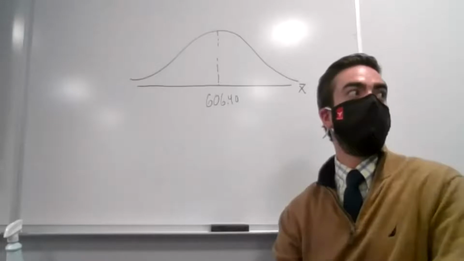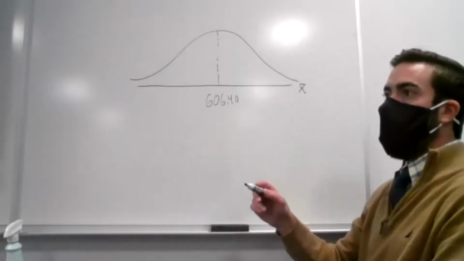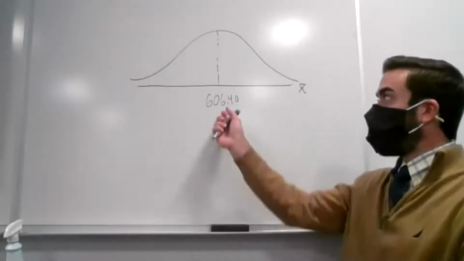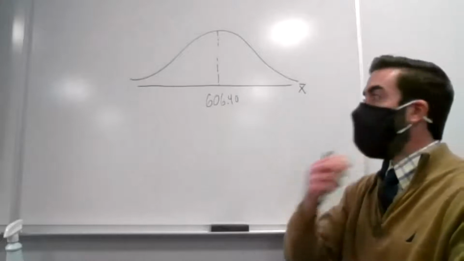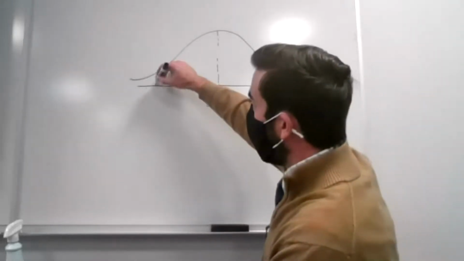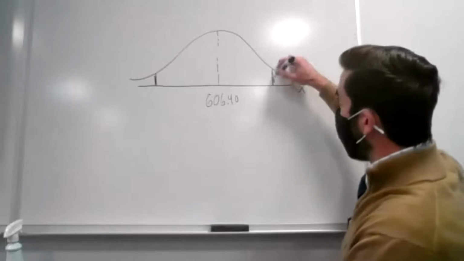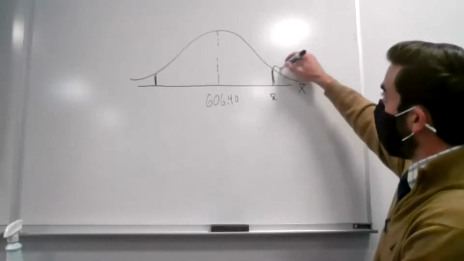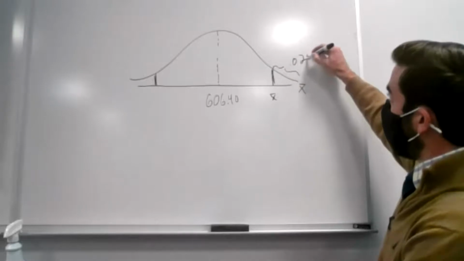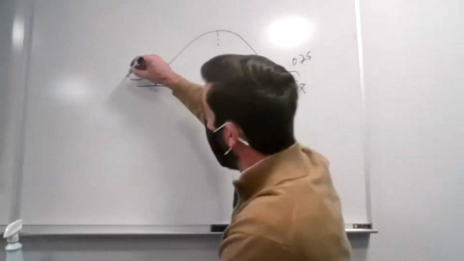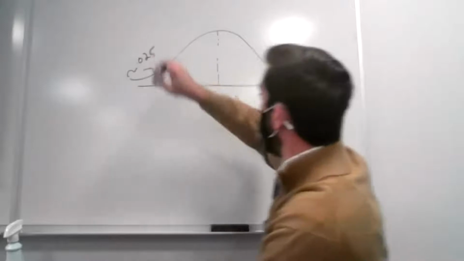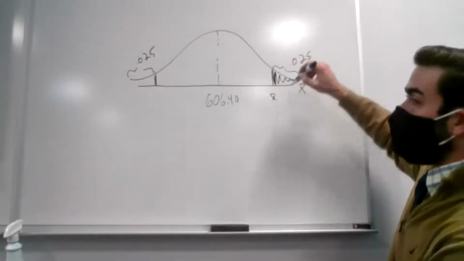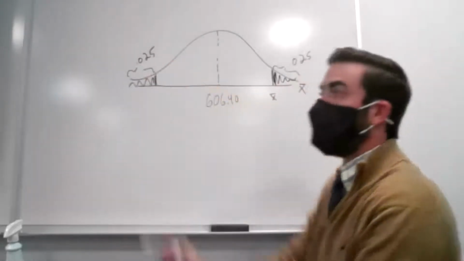Like, let's just assume that what we assumed was true. Well, before we were able to actually confirm that this was a true value, if we would have seen sample means that were out here, let's say we had a sample mean and it gave us 0.025 in that area to the right of it. It's a two-tailed test, so we've got the same area to the left.